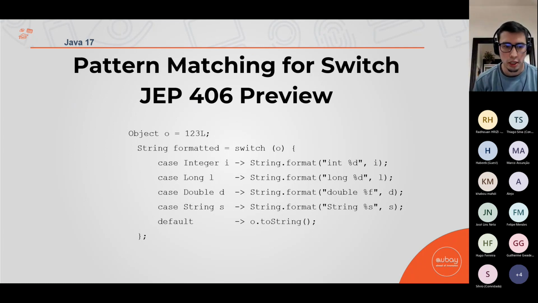As you can see here, it's very useful, okay? I really like it because now you can have a switch that receives an object and then you can do something like case Integer i, and then you already create the variable and you can use it. So I think this is very clean and very useful. So yeah, we have this feature.